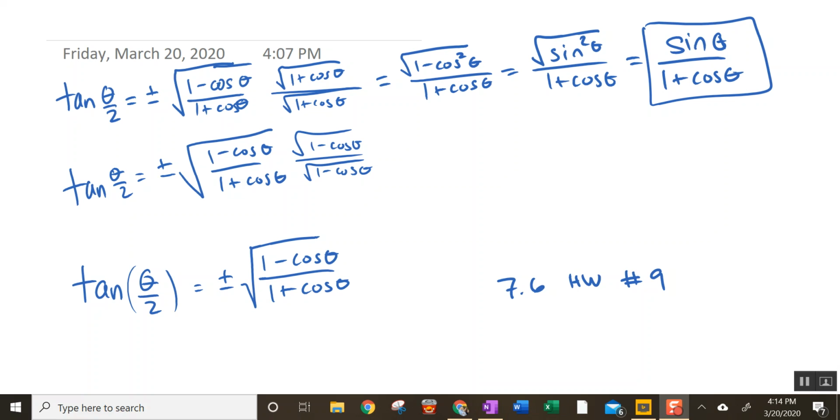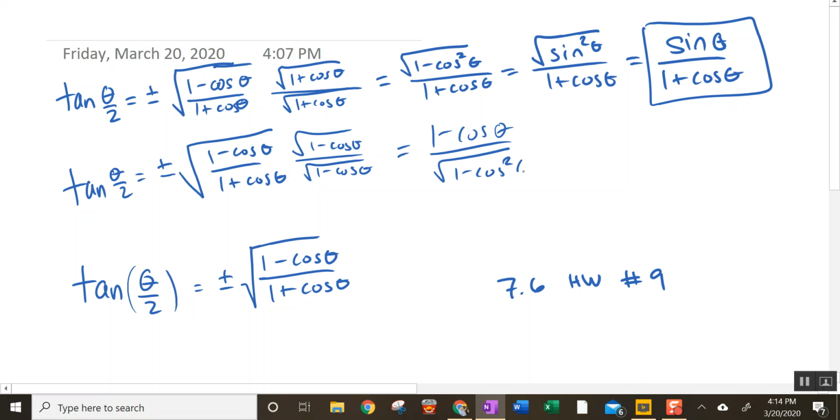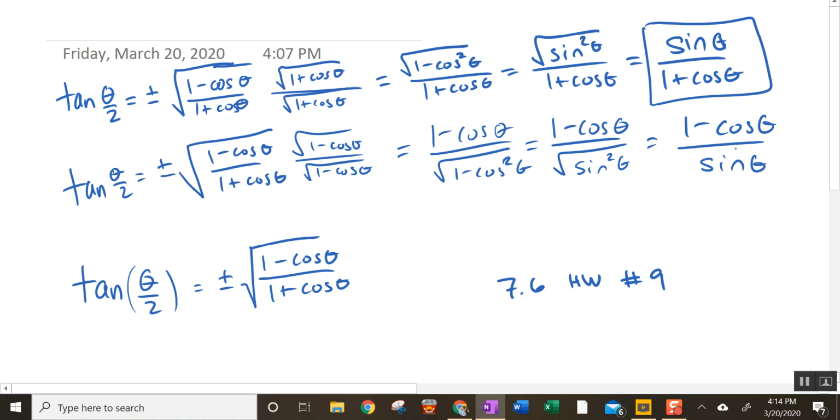And this is going to wind up giving us 1 minus cosine theta in the numerator, and the square root of 1 minus cosine squared theta in the denominator. And we know 1 minus cosine squared from our Pythagorean identity is sine squared. And so this becomes 1 minus cosine theta over sine of theta.